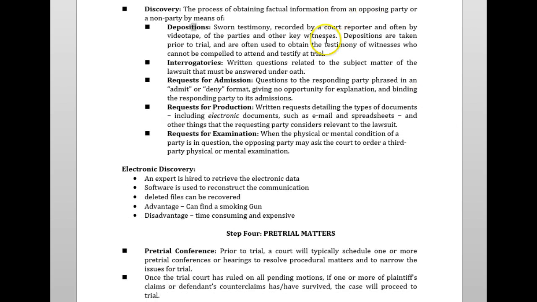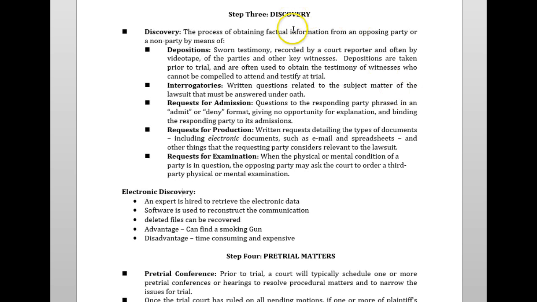There's one other part of discovery, which is electronic discovery. That's where an expert is hired to retrieve electronic data, and that's becoming more and more the case. Software is used to reconstruct the communication. Deleted files can actually be recovered. And many times, you can find a smoking gun that you can't find with the typical type of discovery we do up here.